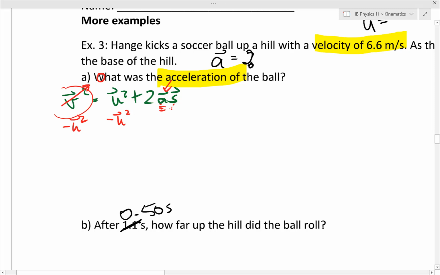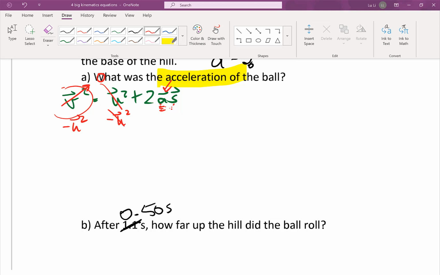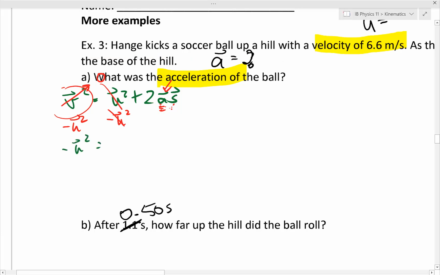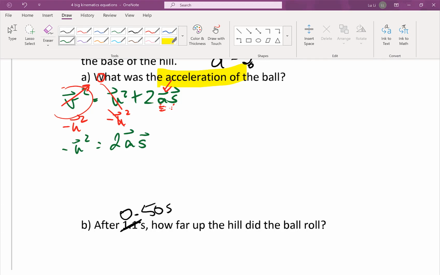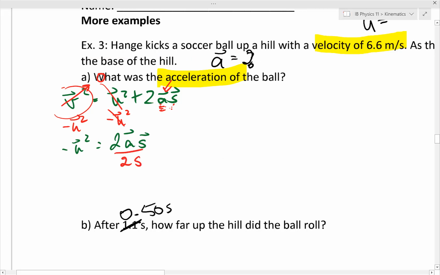Because we are trying to isolate acceleration, we're peeling off the outside of the orange peel before we can peel the inside, which includes the coefficients of the acceleration. That's 2 and s. So dividing both sides of the equation cancels that out. Then we get minus u squared over 2s equals acceleration.